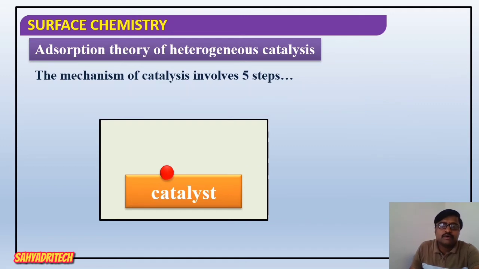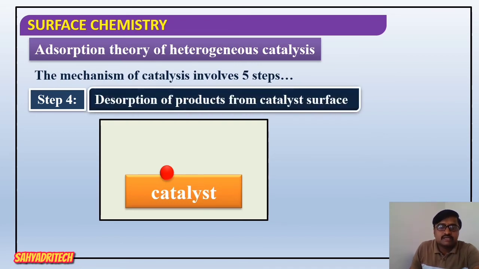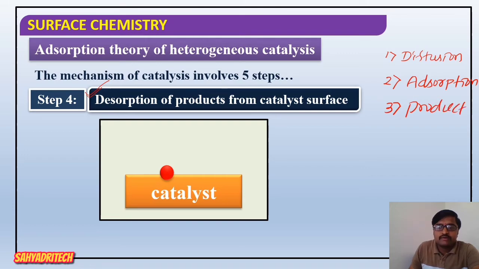Then in the fourth step, what happens? Once product is formed, it won't remain on the catalyst surface. Rather, desorption takes place. Recall, first step is diffusion, second is adsorption: diffused reactant molecules get adsorbed on the surface of a catalyst. Third step is formation of product through intermediate formation.